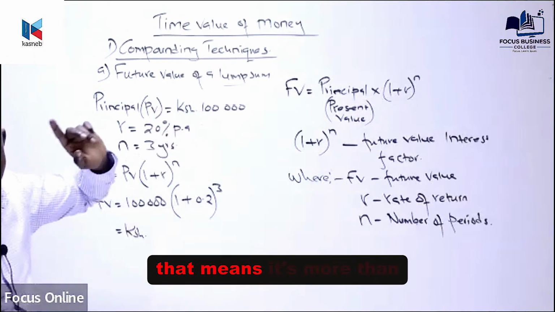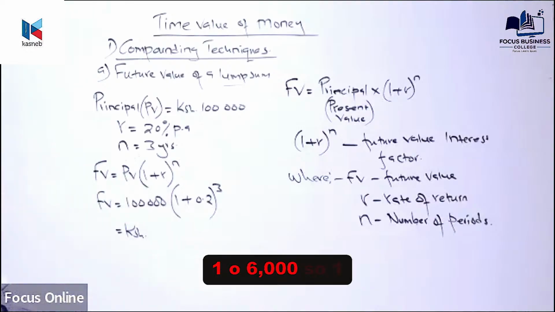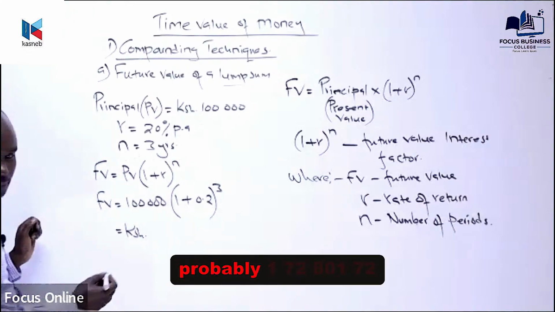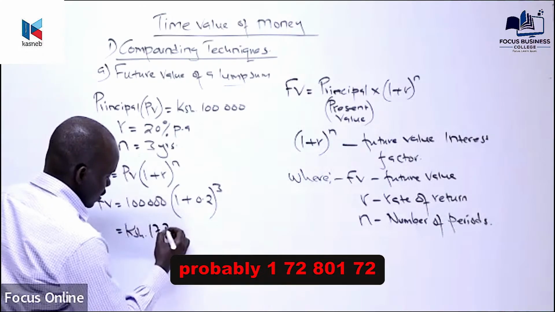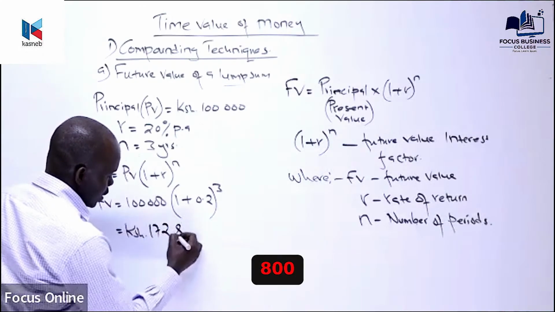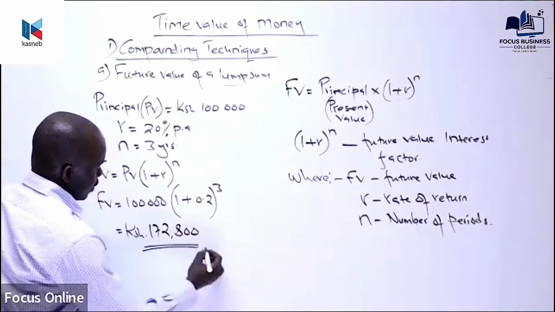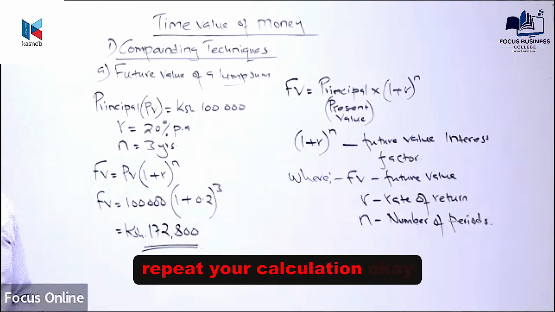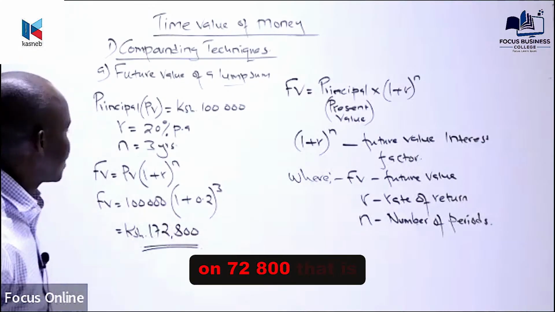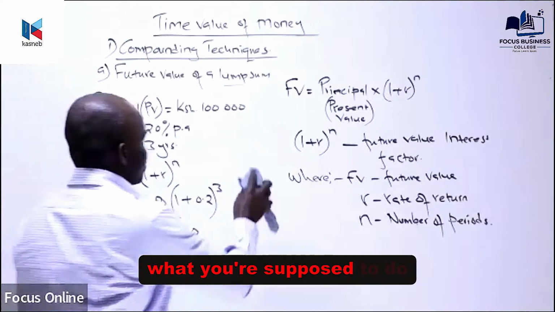That means it's more than 106,000. So probably 172,800. Alice, repeat your calculation. Okay, yeah, 172,800. That is what you're supposed to do.